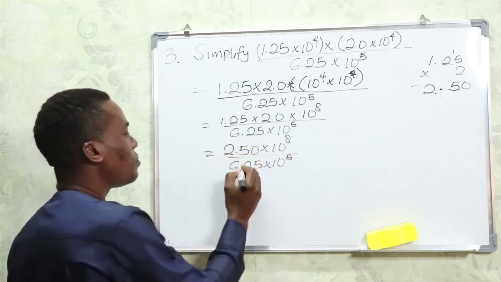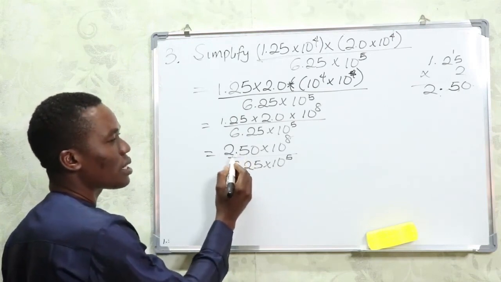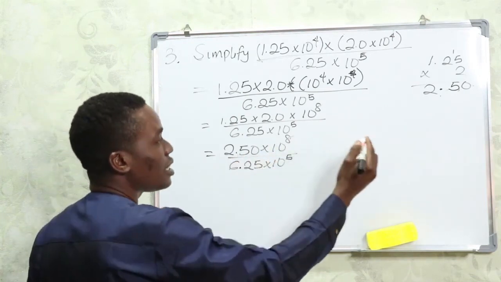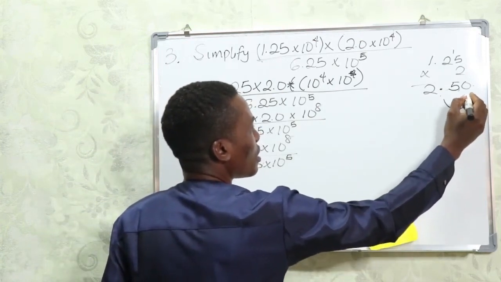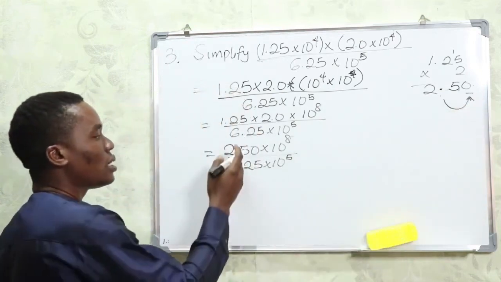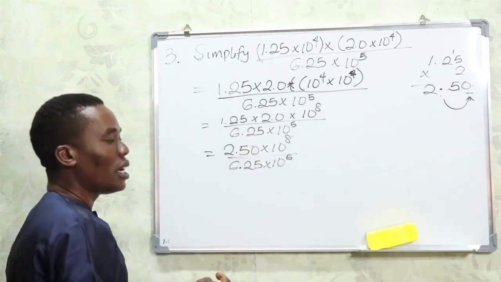Now, remember, since the point is here, we'll be counting from this side, the left hand side, to the right hand side, and that denotes negativity. We are counting from the left hand side to the right hand side. That denotes negativity.